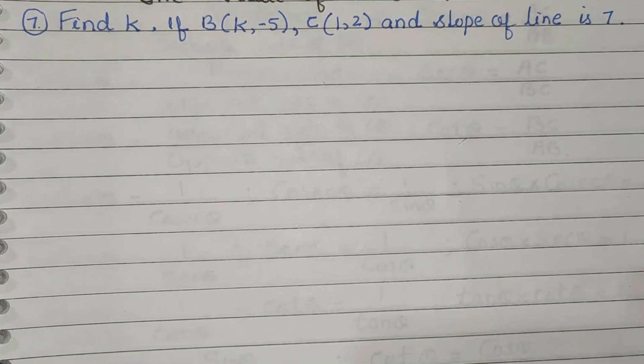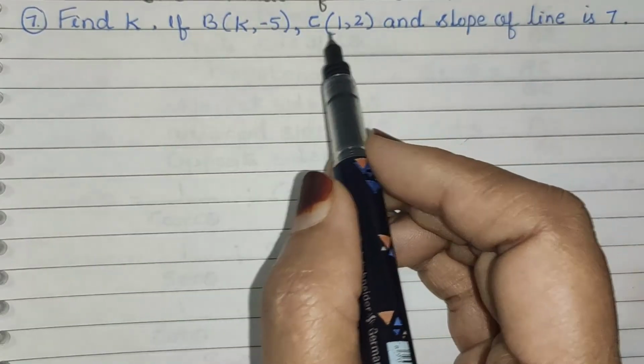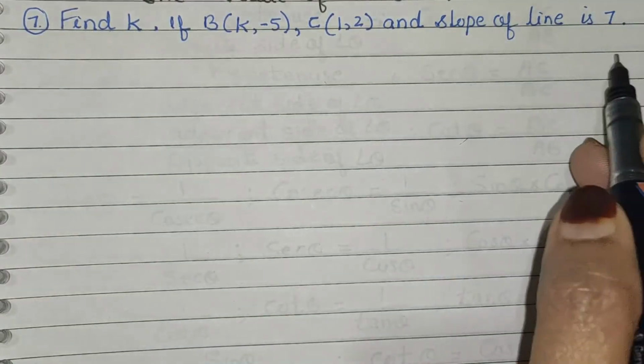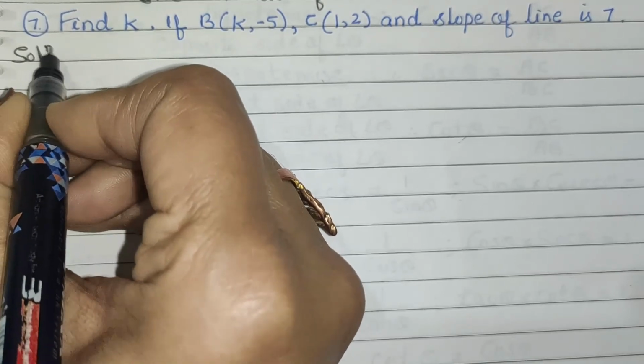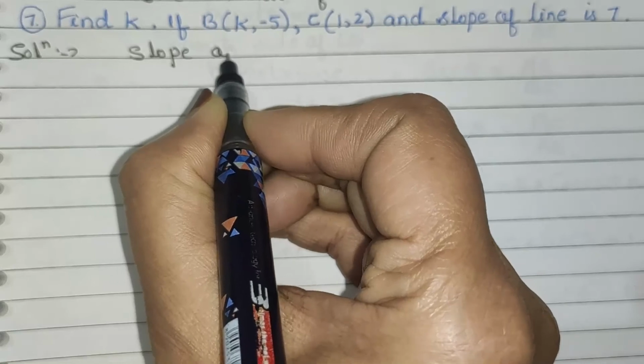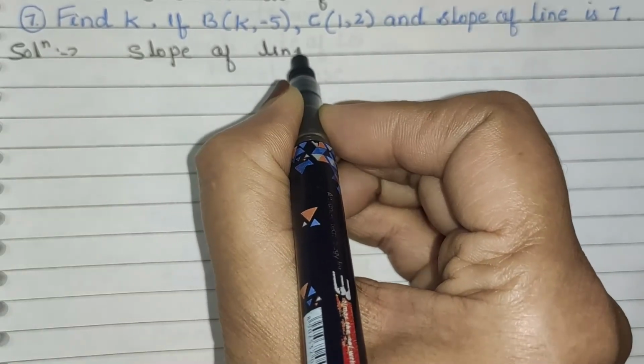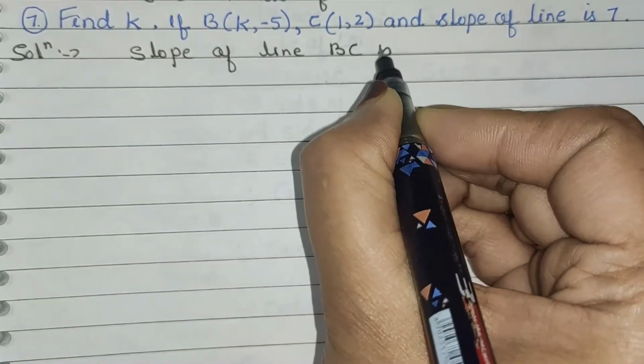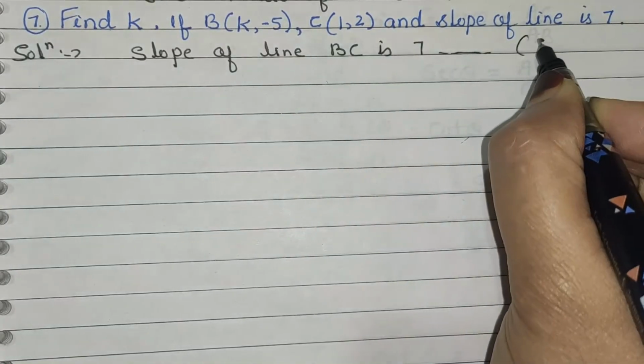Next question. Find k if B, C and slope of line BC is 7. Here slope of line BC is given. Slope of line BC is 7. It is given.